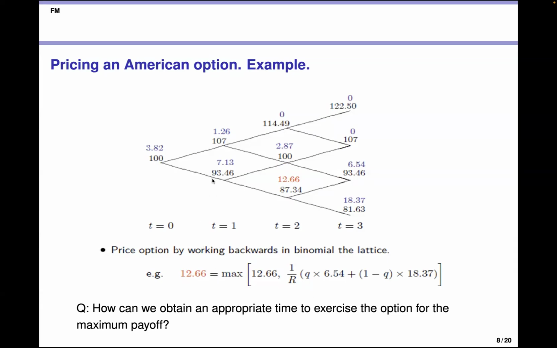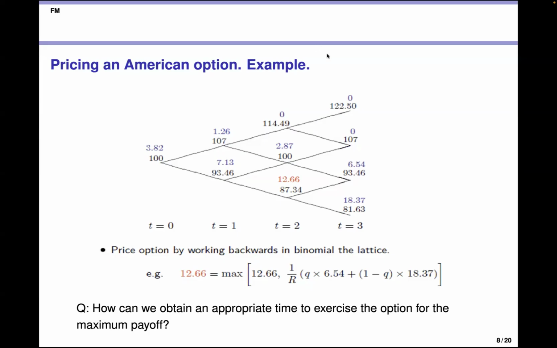The price of immediate realization, 7.13, is more than the price of waiting, the mathematical expectation. The price of realization is more than the price of waiting.